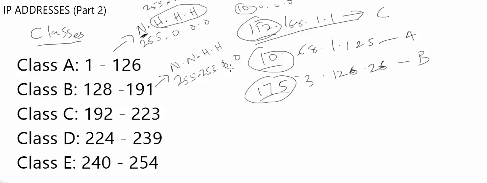Okay, excuse me. For class C IP addresses, we have the first three octets used for network addressing, and the last octet used for host addressing.